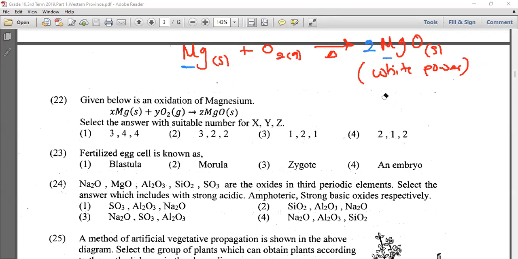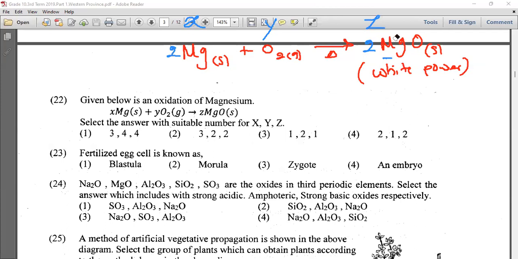This is x, this is y, this is z. So what is the answer for that one? X should be 2. Sorry, it has to be 2. Magnesium has to be balanced. So when you put a 2 here, okay, I will finalize that also. Sorry, I forgot that, right?